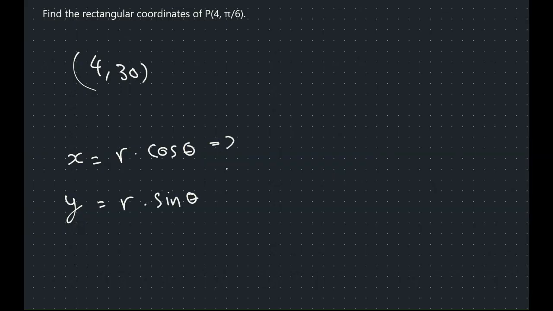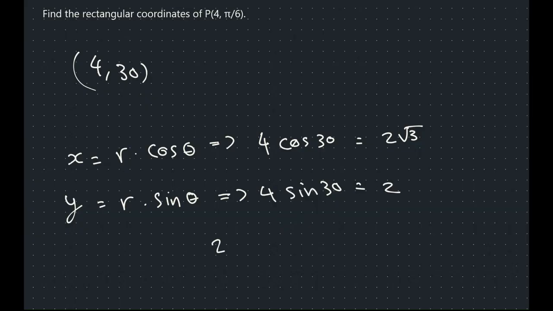Let's substitute numbers. For x, it's going to be 4 cosine 30, which is equal to 2 root 3. And then here we will have 4 sine 30, which is equal to 2. So the final answer is going to be 2 root 3 and 2.